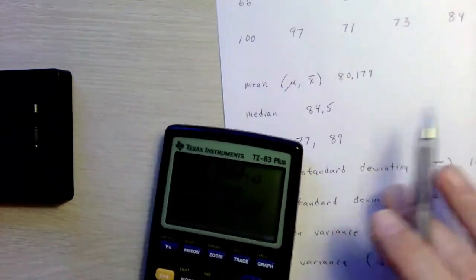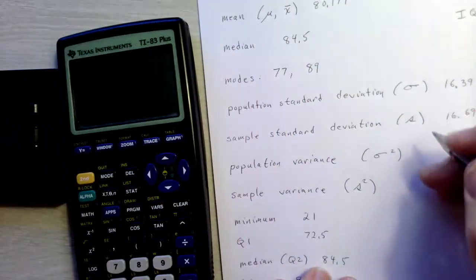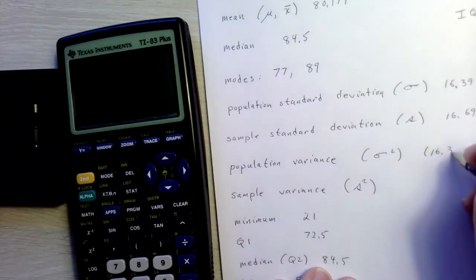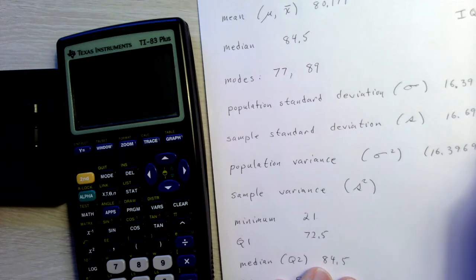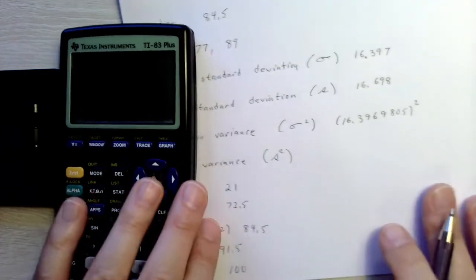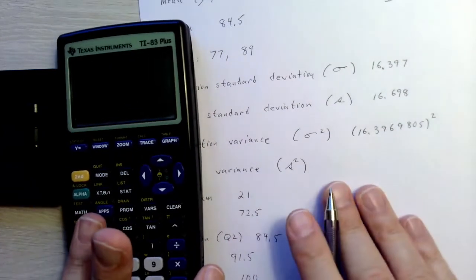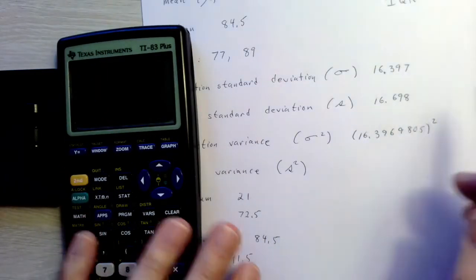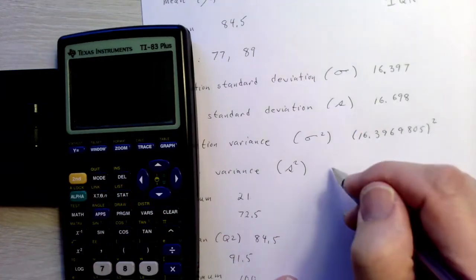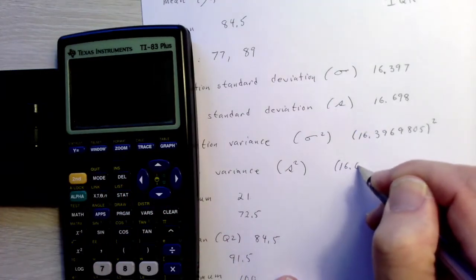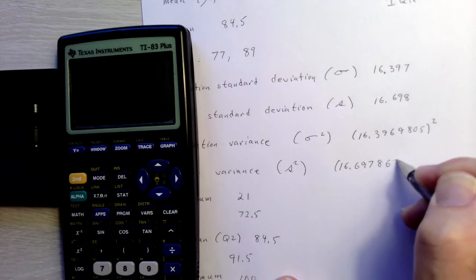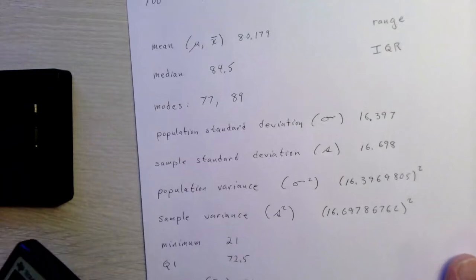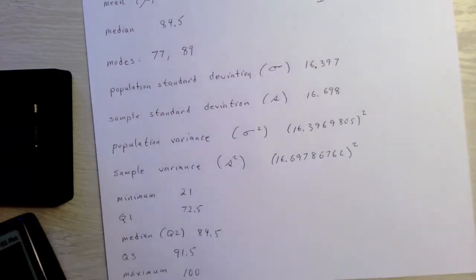So the population variance is going to be the square of 16.3969805. And similarly, the sample variance is the square of the sample standard deviation, which is 16.69786762.